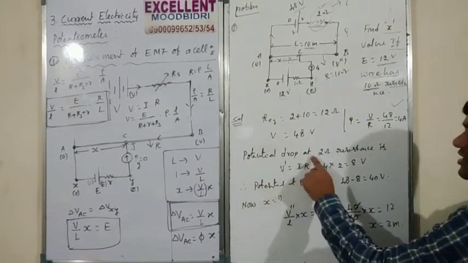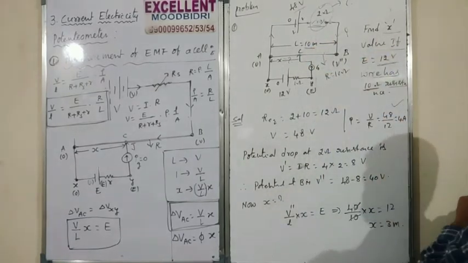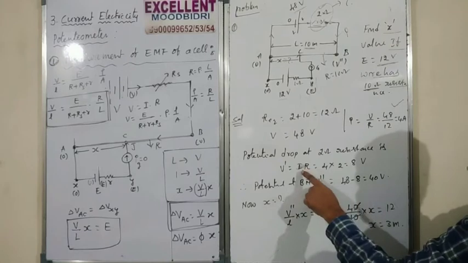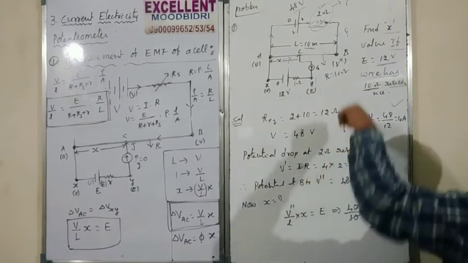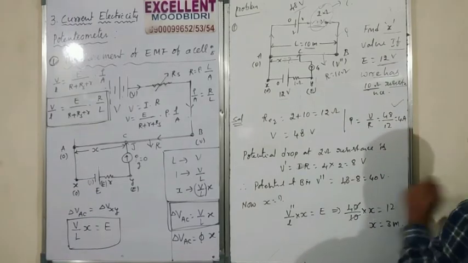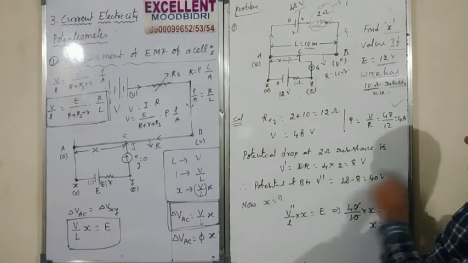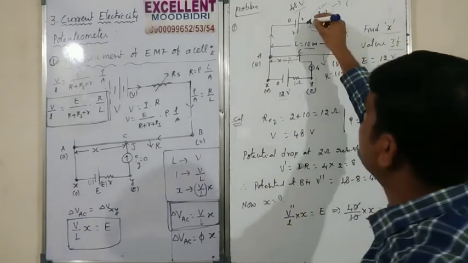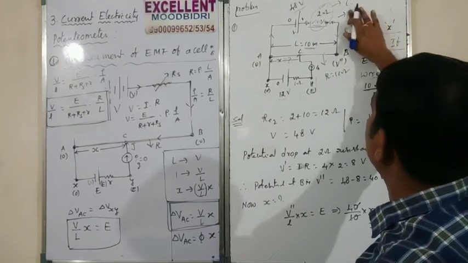Now the potential drop at the 2 ohm resistance. I took it as V dash. V dash is equal to I into R. Formula. I is how much? 4 amperes. And this R is equal to how much? 2 ohms. So 4 into 2, 8 volts. Correct? That means at this point the potential can drop by 8 volt.